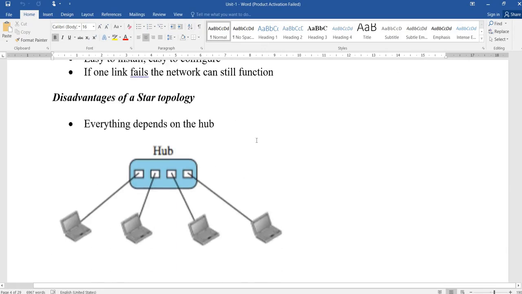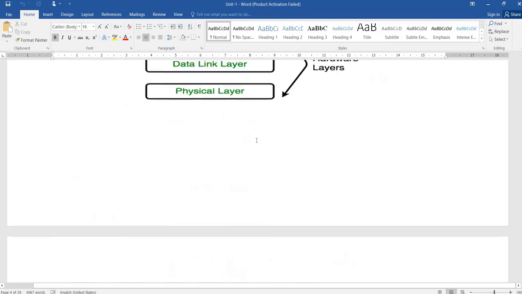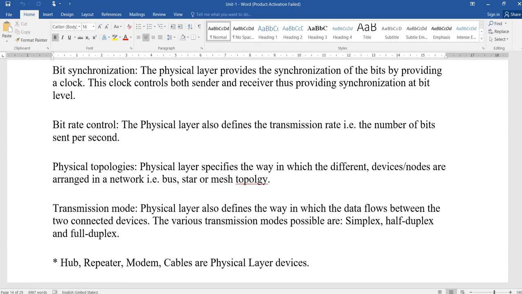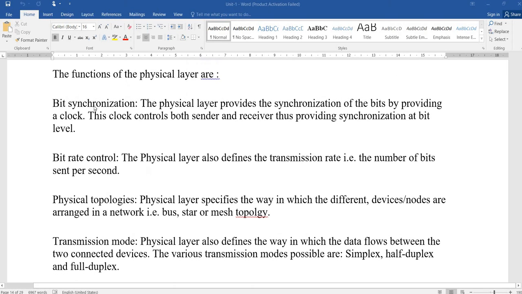The first layer of the OSI reference model is concerned with bit synchronization. It transfers bit by bit from the sender to the receiver, so it needs clock synchronization: the same clock pulse at the sender and receiver, then it sends and receives. There is also bit rate control, how many bits it can transfer.